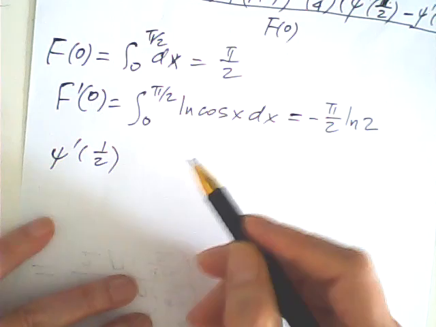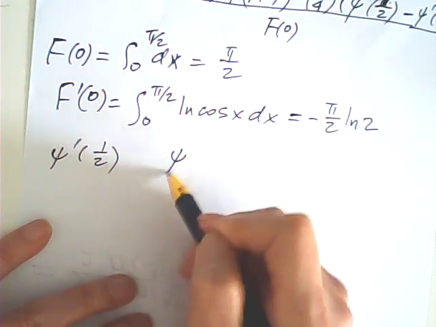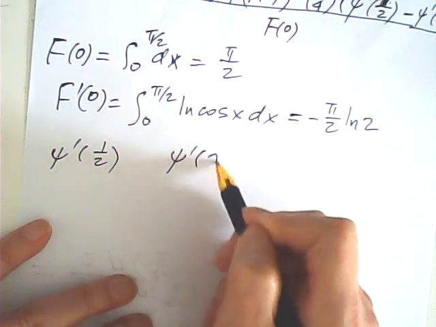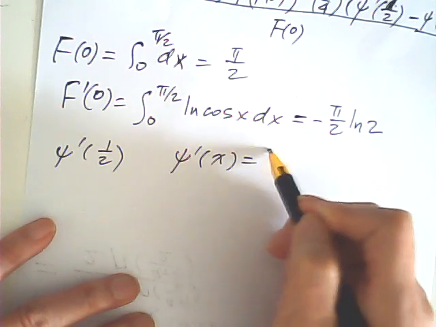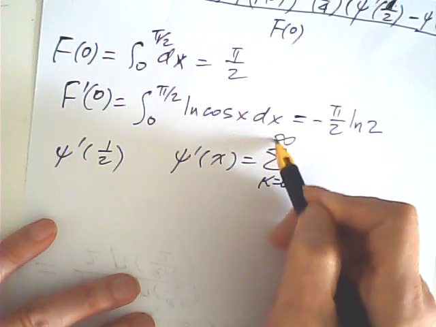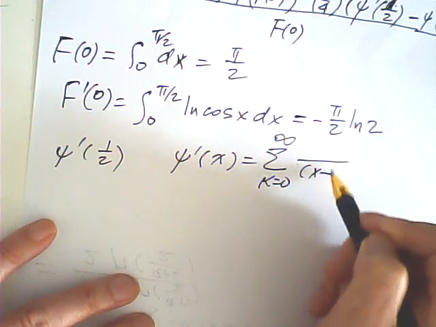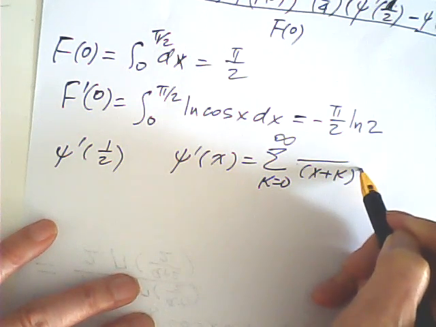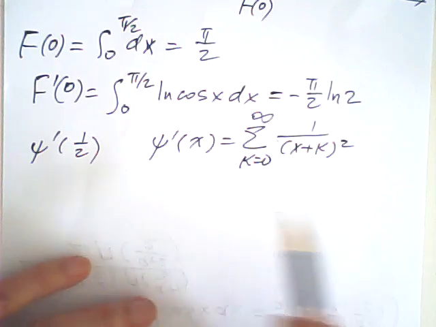Trigamma half, we're using this: trigamma of x is equal to the sum from k from 0 to infinity of 1 over x plus k squared. See, that is a trigamma.